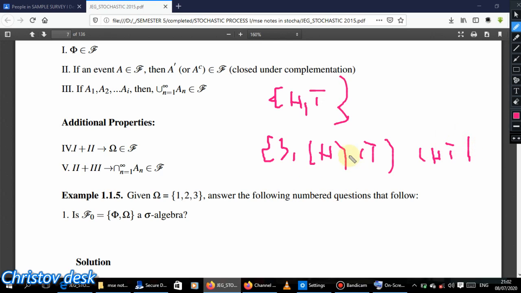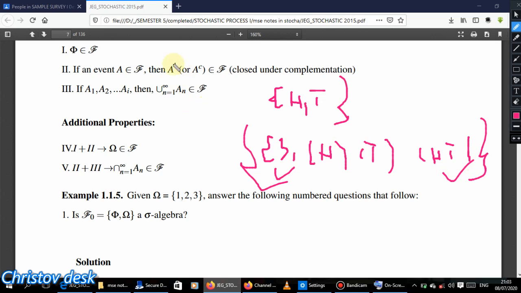Now if I collect these into a new set, and this set obeys these conditions, then I can call this collection of subsets a sigma algebra. My first condition says the empty set should be in it, and it is there. The set itself should be there, and it is there.